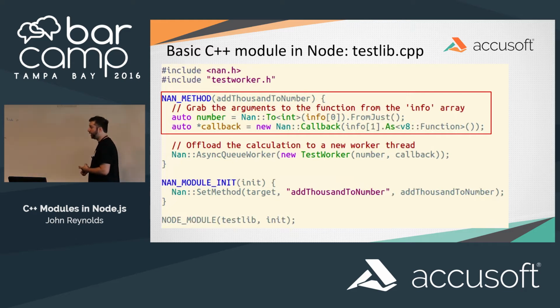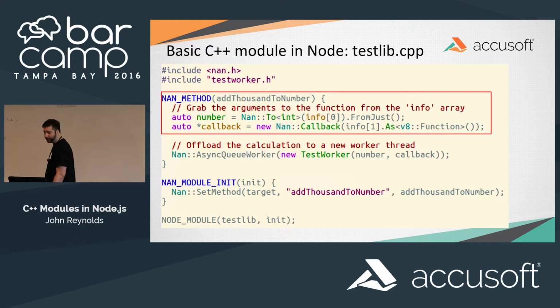The info array is the arguments that are passed to that function. So this allows you to take any JavaScript objects that are passed to that function and do what you want with them. For example, in this code here, we're turning the first argument of that function, which is a JavaScript number object, and we're casting it down to an integer, a native integer.